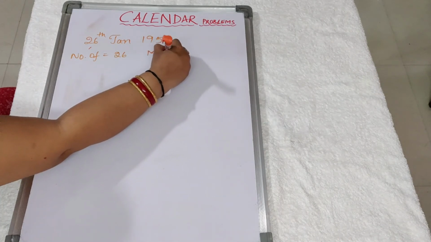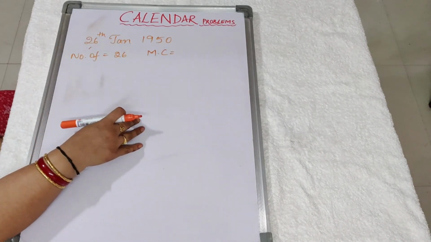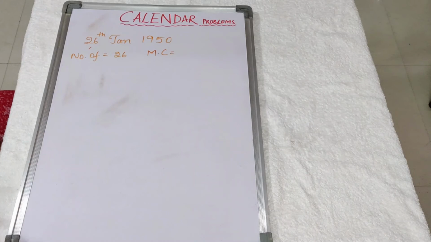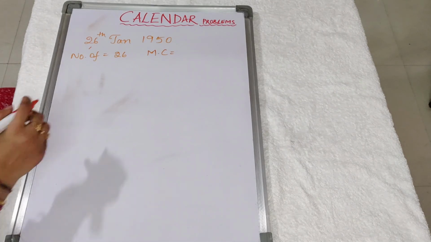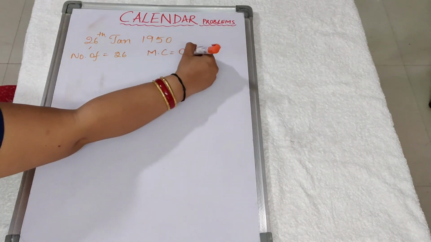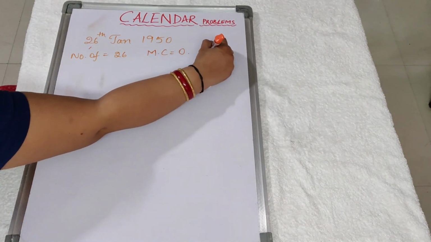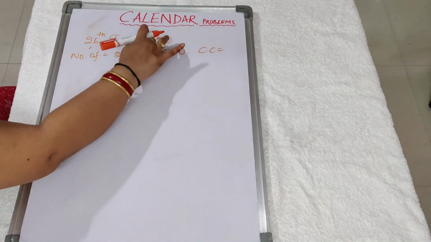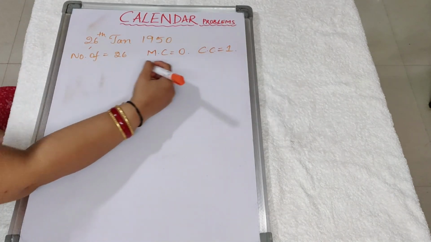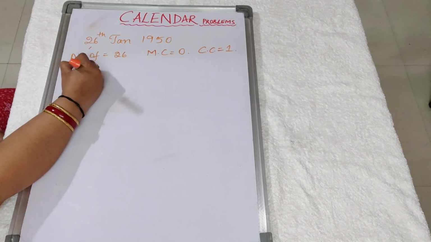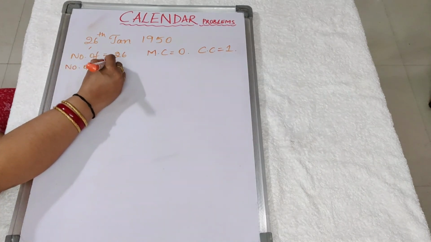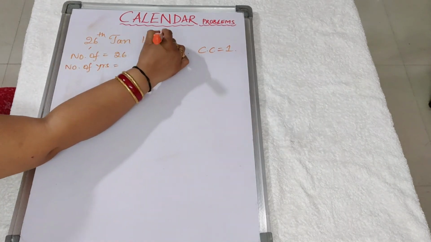Month code. What is the month code for January? Do you remember the table? For January it is 0. And what is the century code? For 1900 it is 1. And number of completed years, it is 50 here.